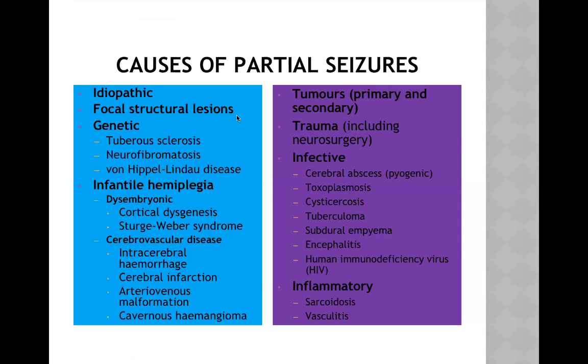Focal structural lesion inside the brain: focal means if there are lesions in some localized area of the brain, that can be a tumor, a hematoma, or neurocysticercosis. So these are the different examples. Genetic diseases like tuberous sclerosis, neurofibromatosis, and von Hippel-Lindau disease are some others.